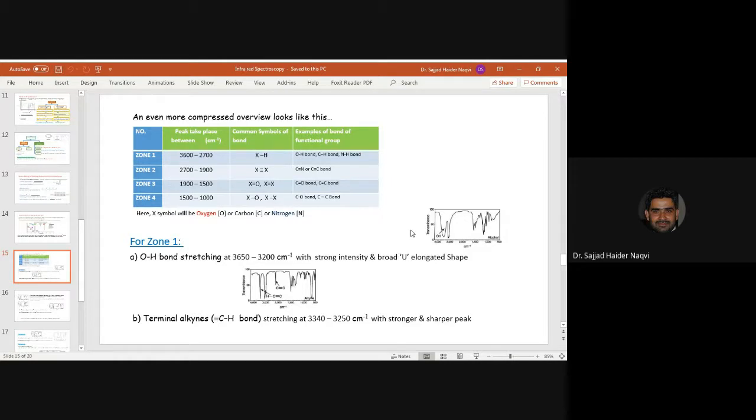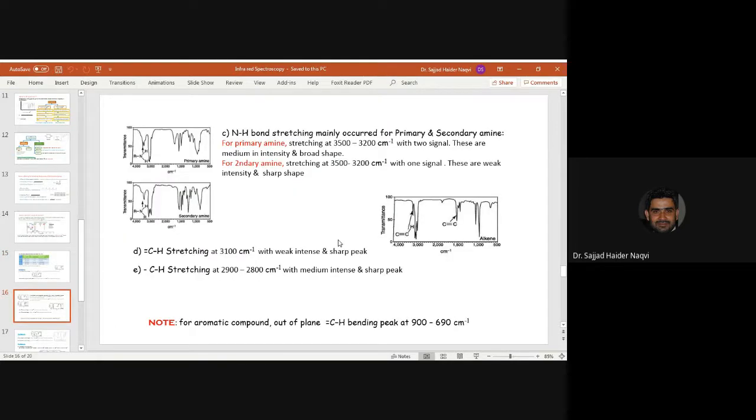The OH peak is a bit wider, while the CH peak is a bit sharper with a stronger intensity. This is one example. Then there are a few more examples you can go through, like the NH bond, and the other examples of how to differentiate different peaks coming in the same region depending upon their intensities and their widths.